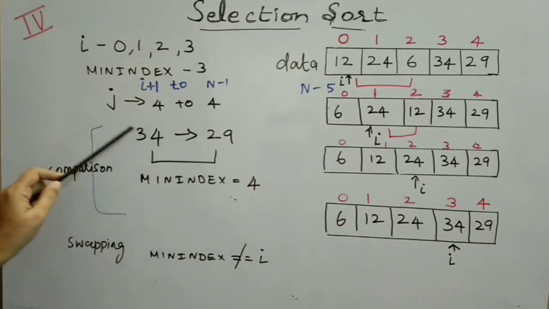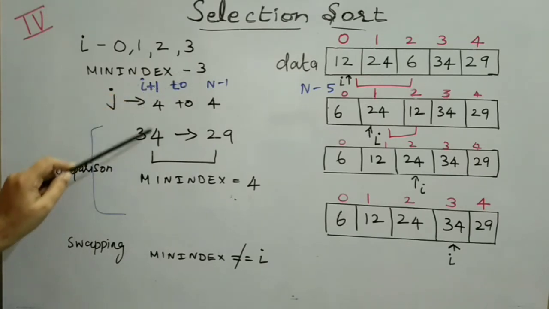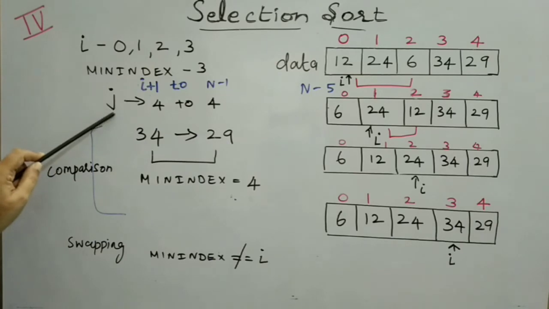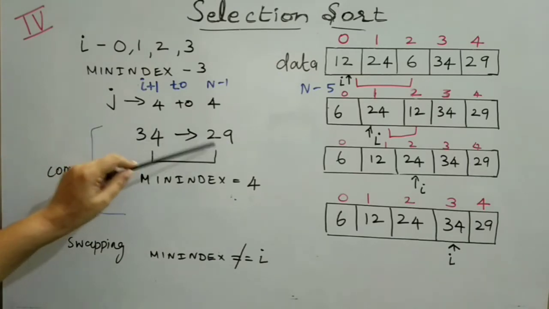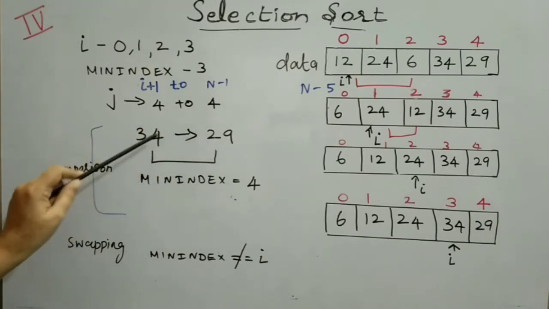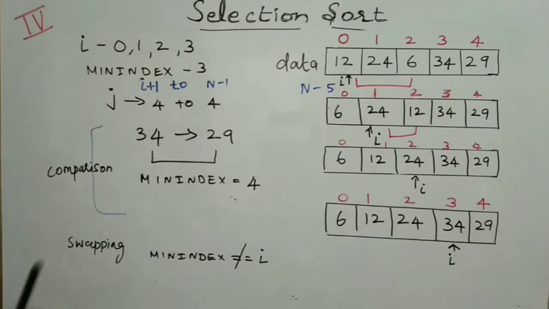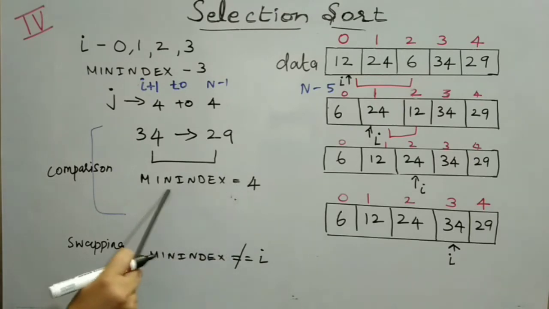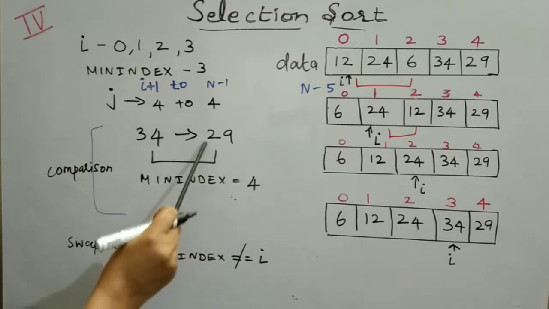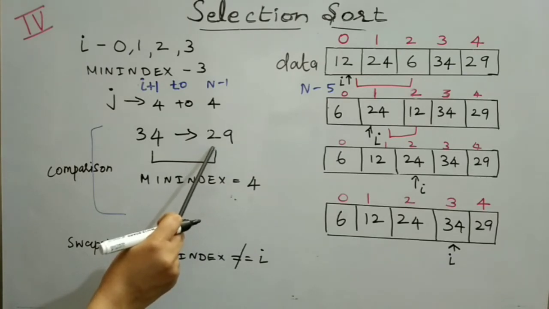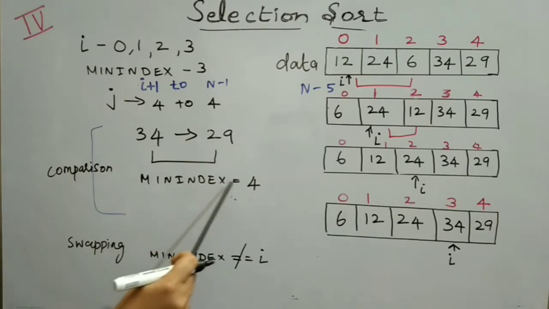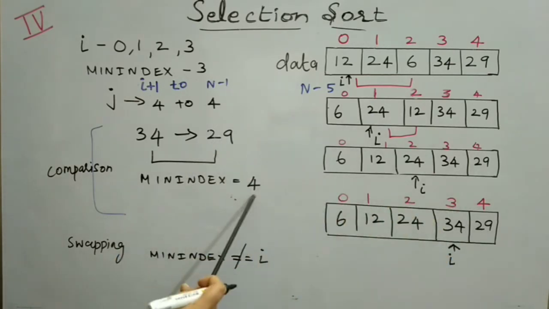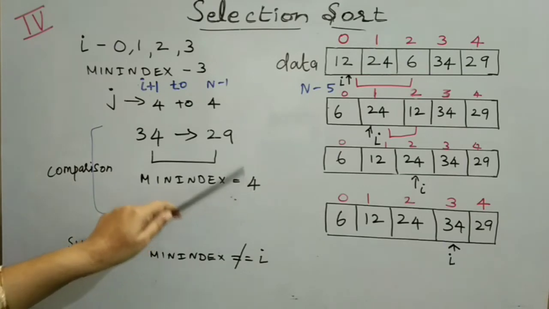During the comparison, the element in minimum index position 3, that is 34, is greater than the element in the subsequent index position j, that is 4. So 34 is greater than 29. In that case, minimum index is updated to point to the index position of the minimum value. Among these two, 29 is the minimum value. So minimum index is updated to take the index position of this minimum value. 29's index position is 4. Now minimum index is updated to 4.